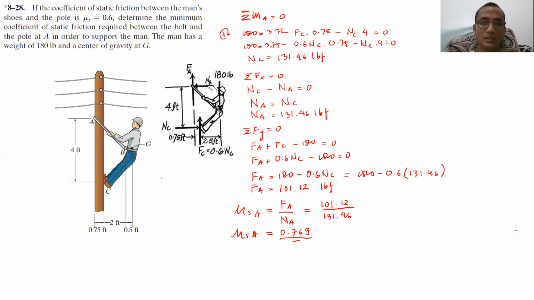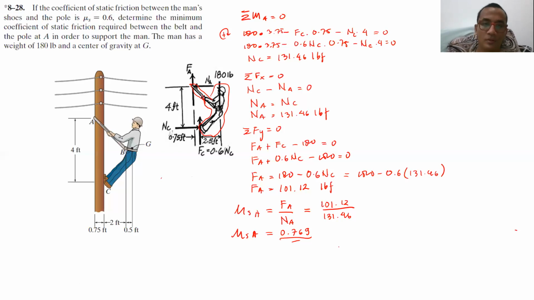It goes that way, because in this particular free body diagram, what we draw is the man and the belt as one free body diagram. So the system that we are looking at consists of the belt, the man, and the man's shoes.